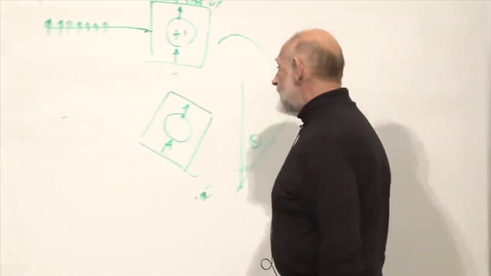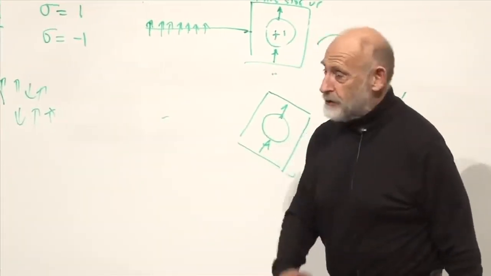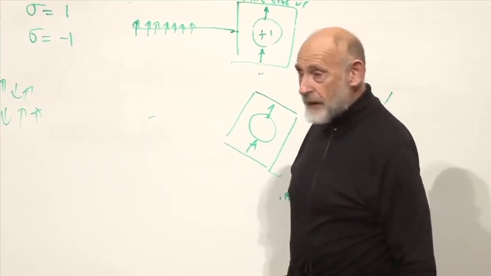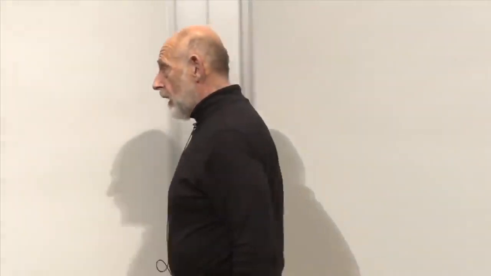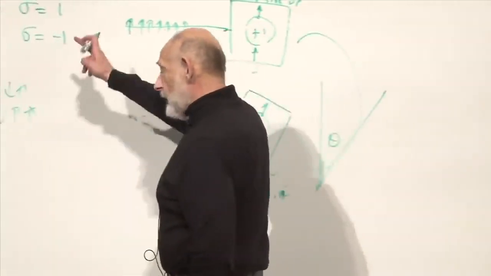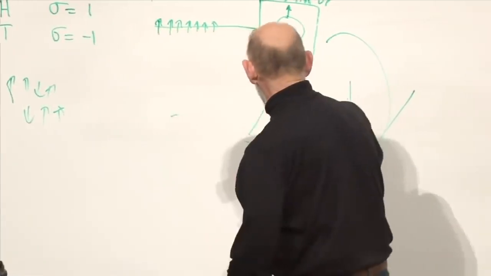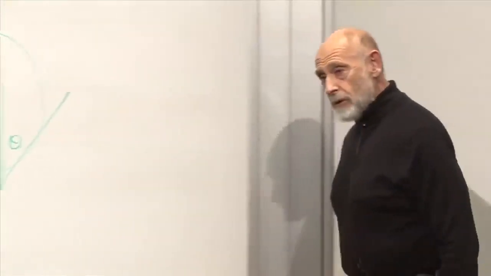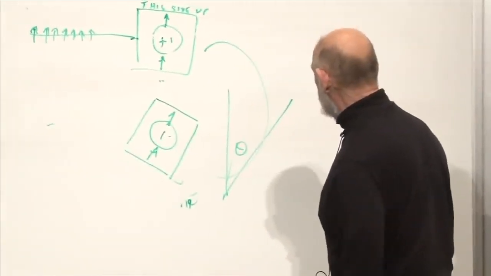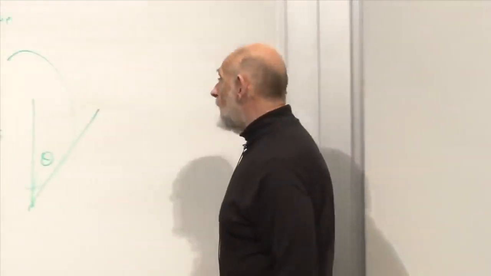What do we get? +1 or -1. Do it again. +1 or -1. Never anything in between. But in this case, the average value of the experimental value of what comes out here is not equal to 0. What do you expect it to be equal to? Cosine of theta. Cosine of the angle.